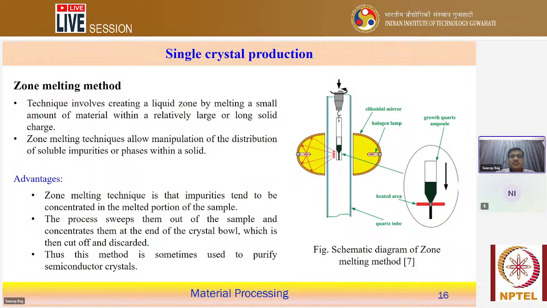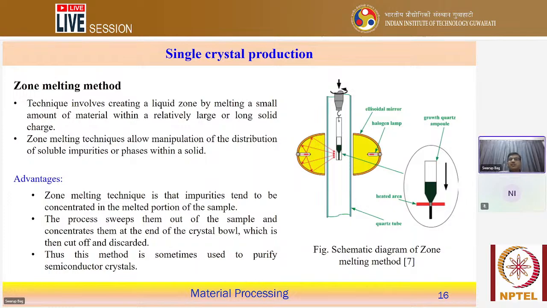When the molten zone is created, the impurities tend to gather in the molten zone, and with its continuous movement, solidification occurs on the other side. During solidification you produce the single crystal structure, while the impurities are filtered and carried along with the movement of the molten zone.